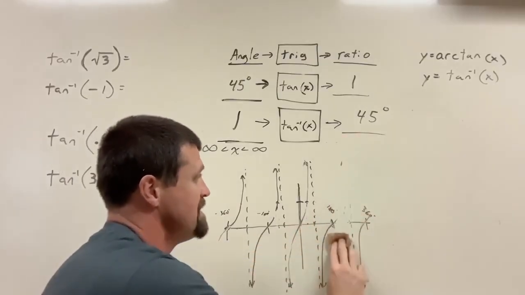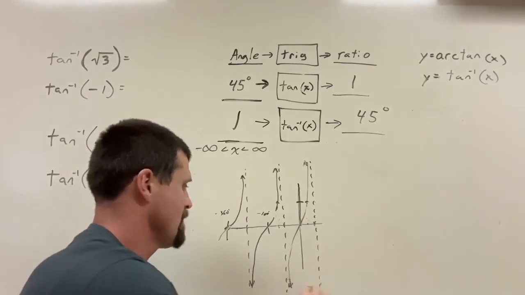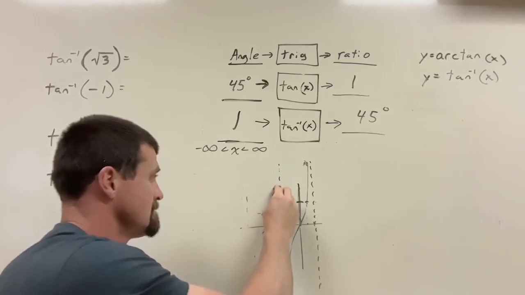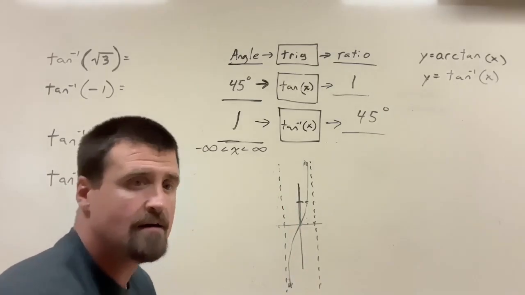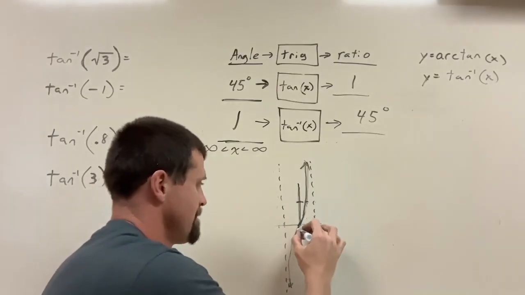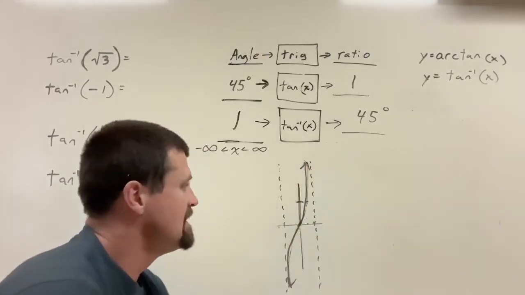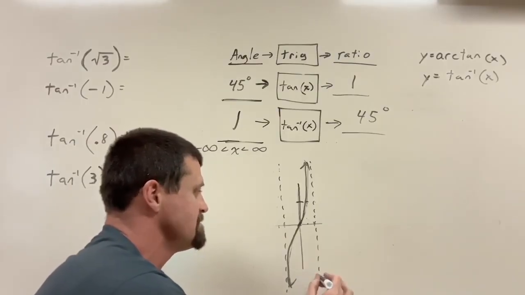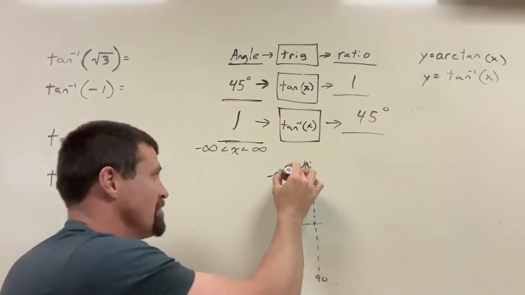So with tangent, we're going to take all of this off, and all of this off, and trim the function to just one of those little pieces, so that it's now 1-to-1. If you'll notice, this is going to be pi over 2 or 90 degrees. Excuse me, I'm in degrees here. And this is going to be at -90 degrees.